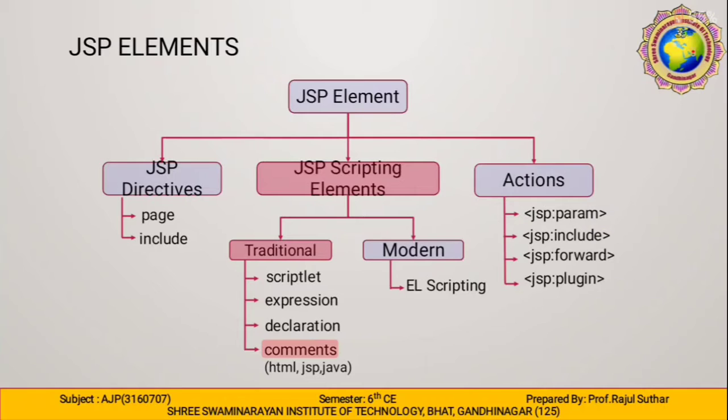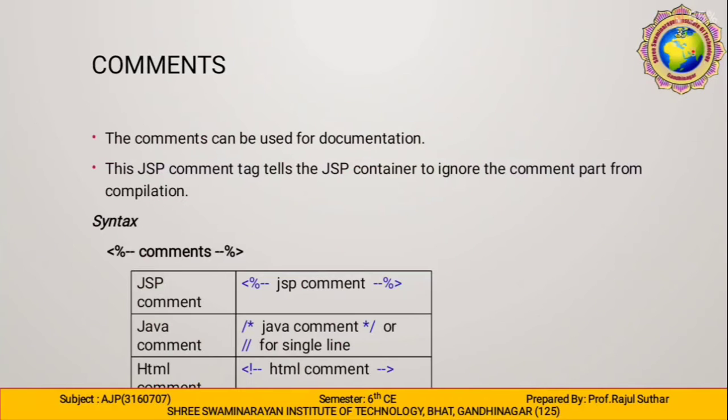Then let me discuss comments used in JSP. They are similar to HTML as well as Java. Comments are used only for documentation purposes and do not reflect in your program. The JSP comment tag tells the JSP container to ignore the comment part during compilation.